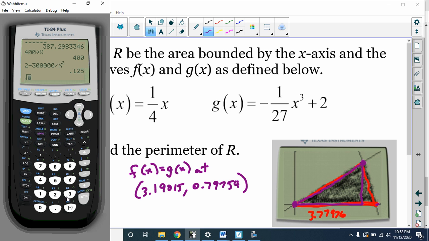So it's going to be the square root of 3.19015 squared plus 0.79754 squared. So this distance here is 3.28833.